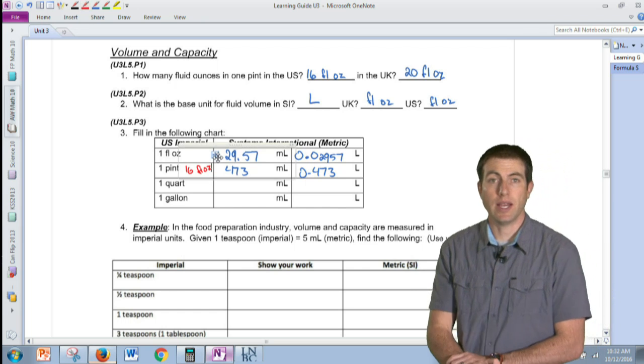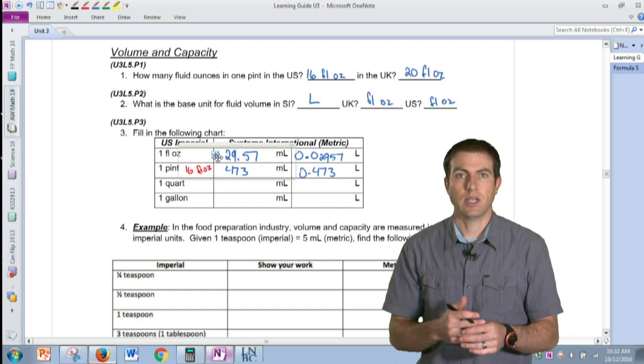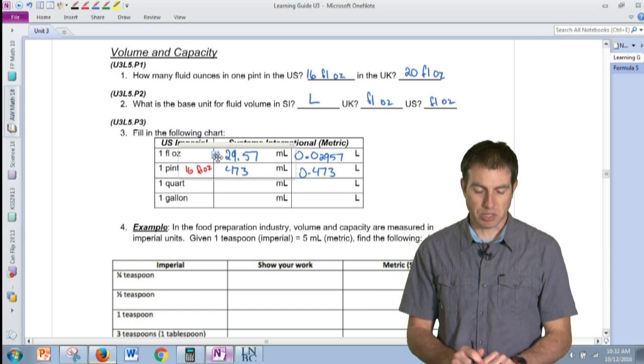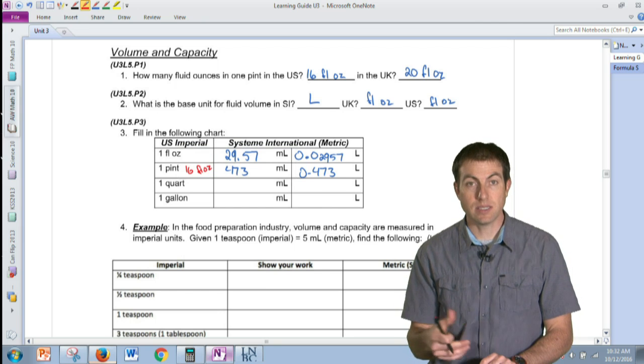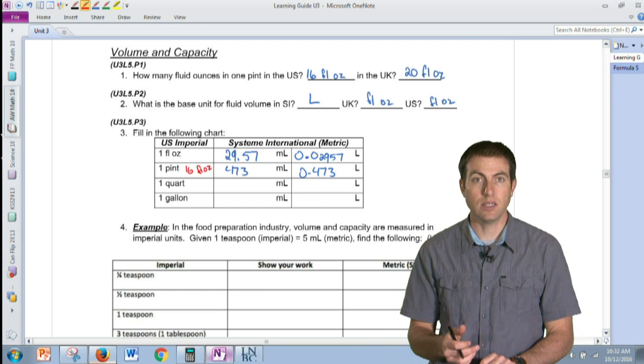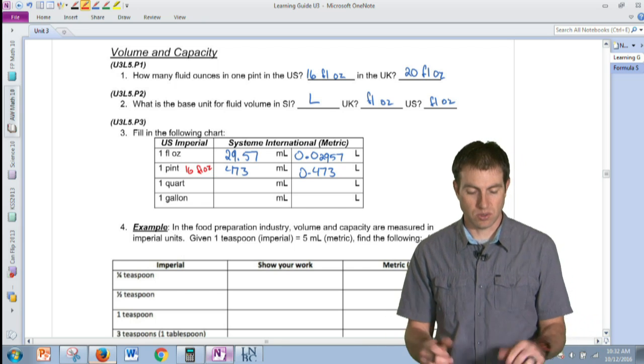So in metric, we have milliliters, and we have liters, and that's kind of it. That's where we measure our volumes. You could talk about centiliters and deciliters and kiloliters if you wanted to, but generally speaking, we have milliliters and liters, just the two things.